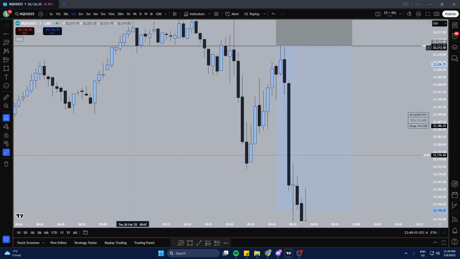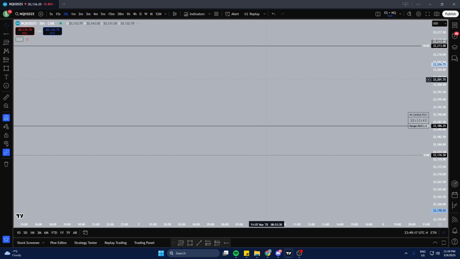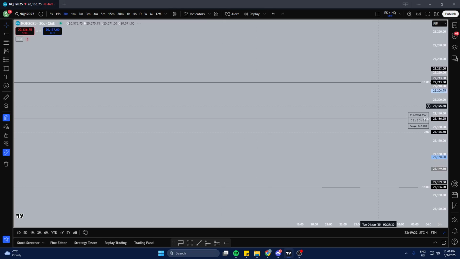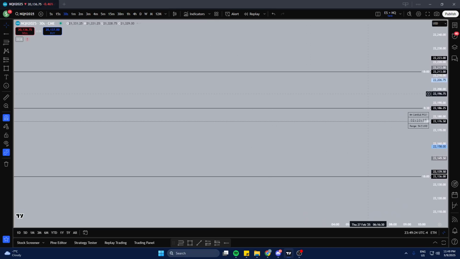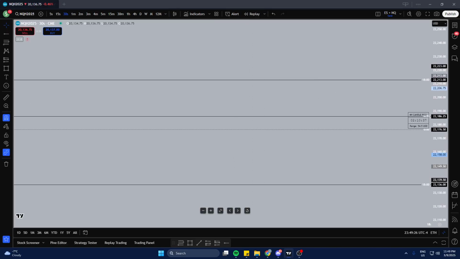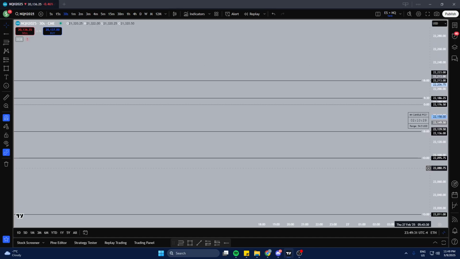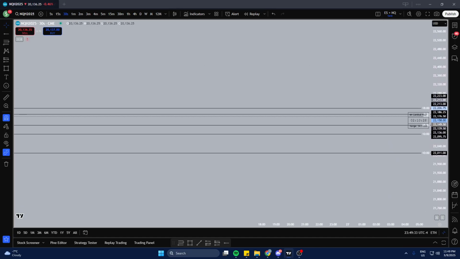And let me check actually if standard deviation lines up with that. That'd be pretty cool. Where am I? Where did my chart go?